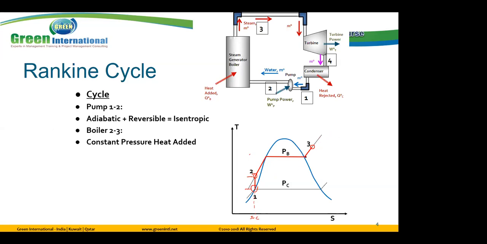In this area is steam, but in this area we can call it superheated vapor. This process is constant pressure heat added. So how do we calculate the boiler energy? Also the difference between two enthalpies, H3 minus H2.